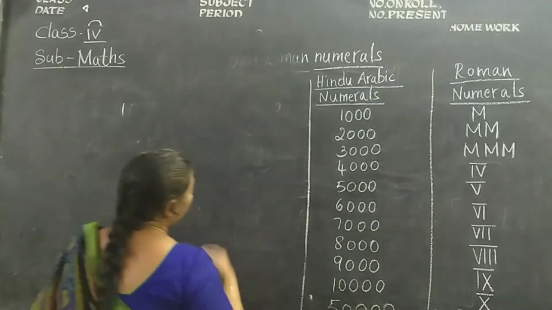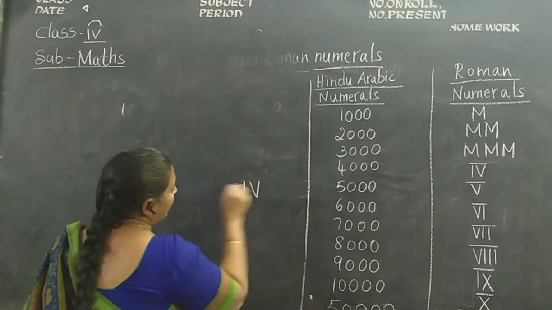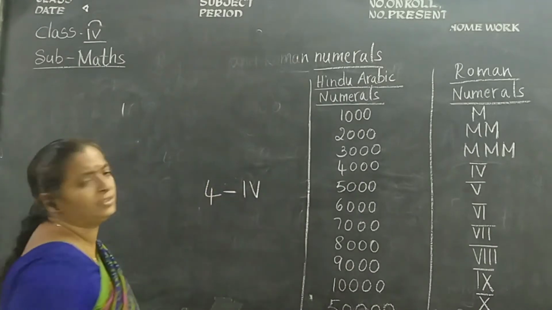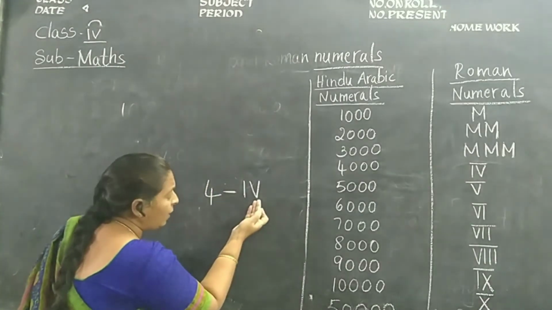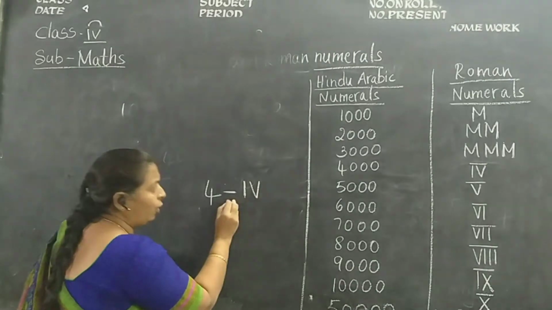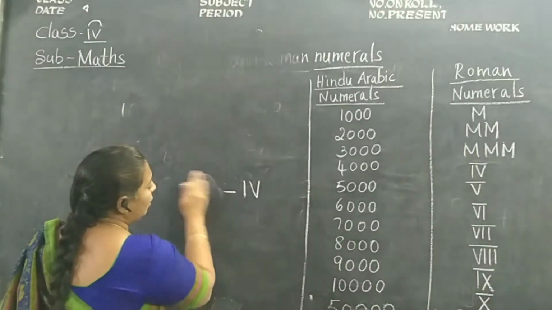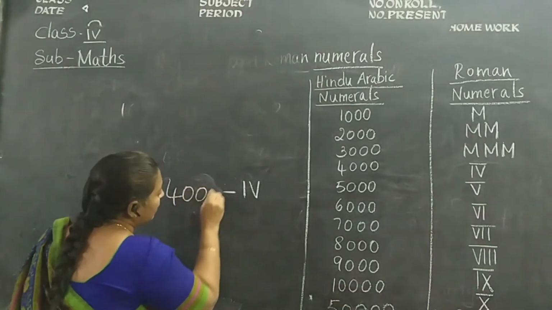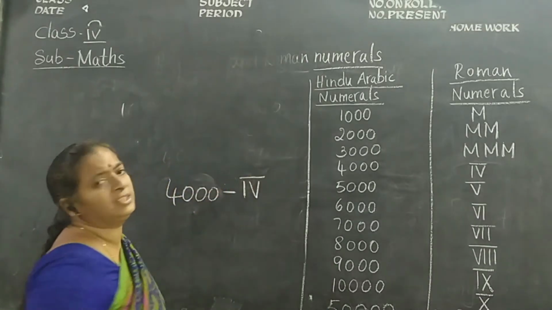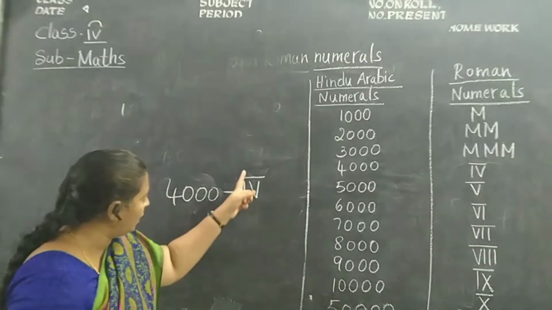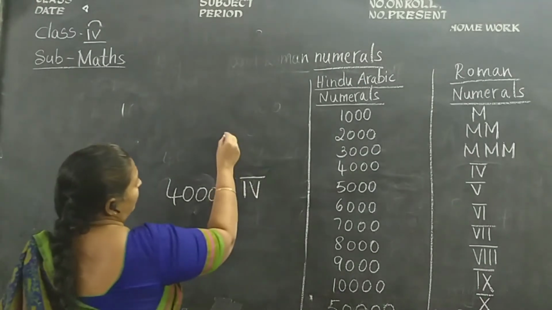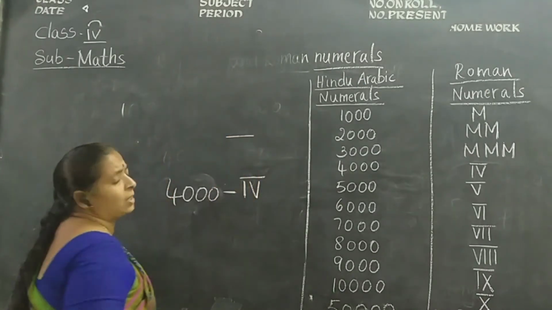In Roman numeral, 4 is like this, children: this is 5 and 1 is placed before, on the left side of 5. Now in 4000, what happens? A sleeping line we should write, children, a sleeping line. In Roman numerals, a sleeping line is 1000.